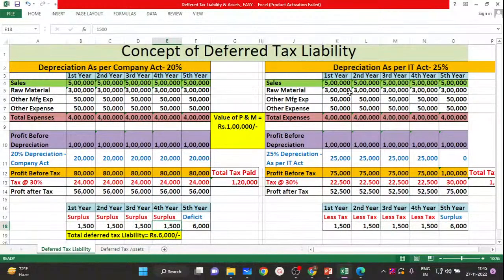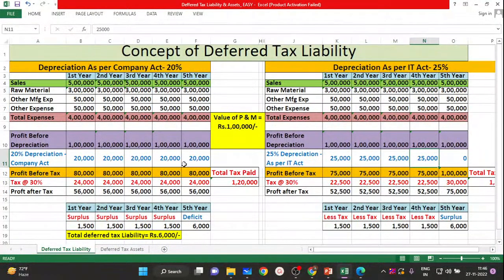Because on the right side, if you see the example, the company has made sales of 5 lakh rupees, and out of that the company has expenses of 4 lakh rupees, and the profit before depreciation is 1 lakh. So 25,000 rupees is the depreciation the company is making.